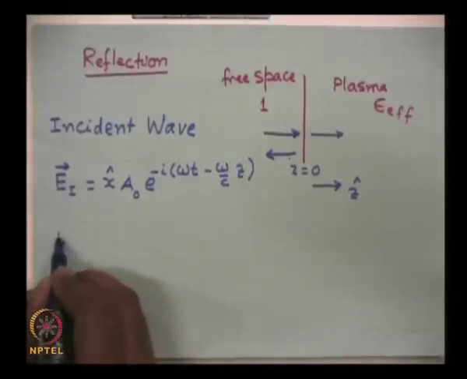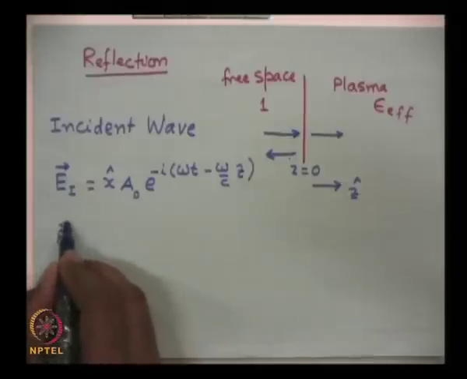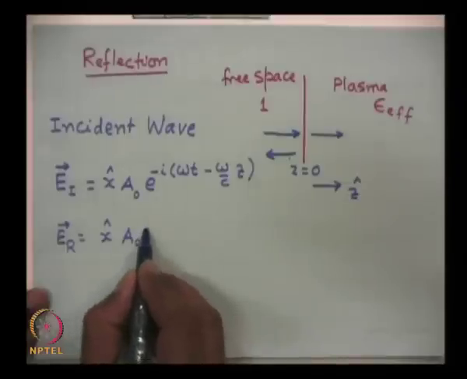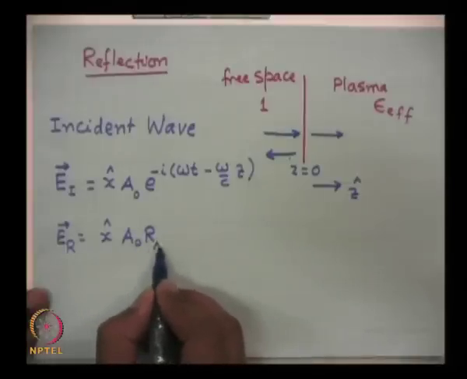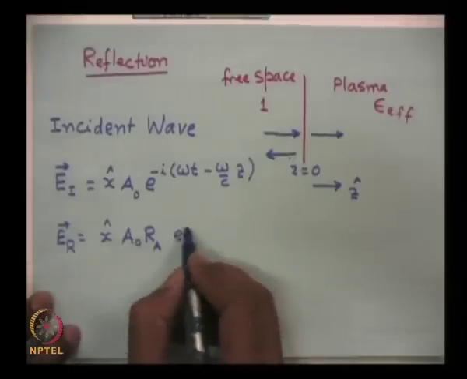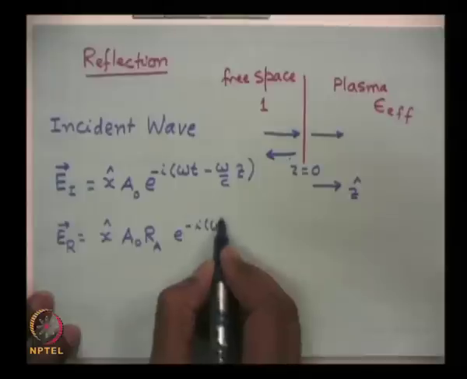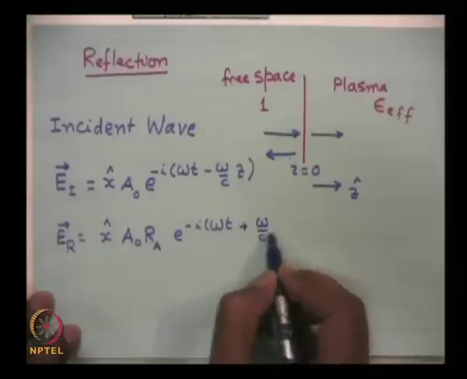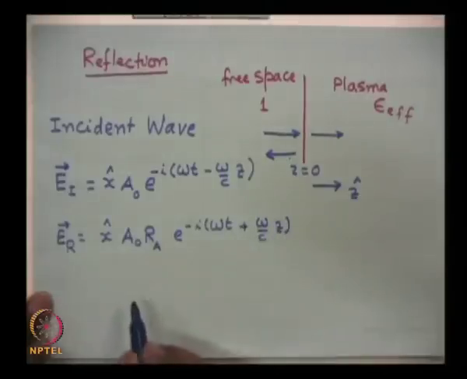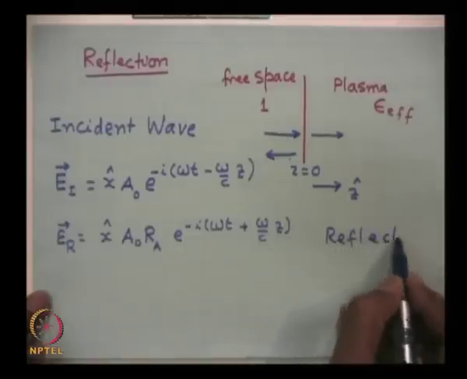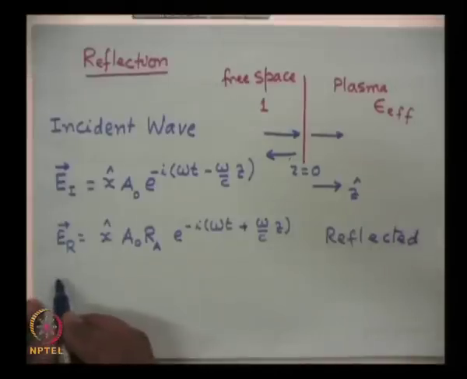And similarly, the reflected wave will also have A0. Suppose the amplitude is reduced by a factor Ra. A subscript means amplitude reflection coefficient. The frequency would be the same, but the direction of propagation is reversed. So, I will write plus omega by c z. This is a reflected wave, and the transmitted would be E t.